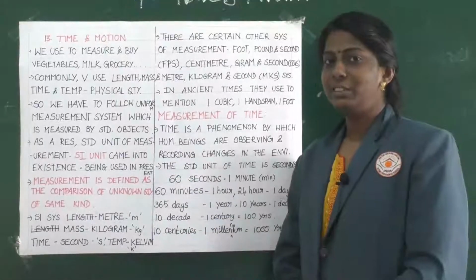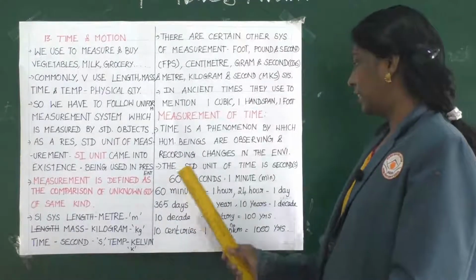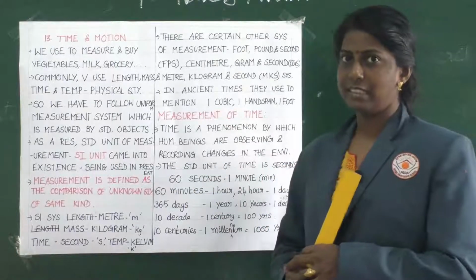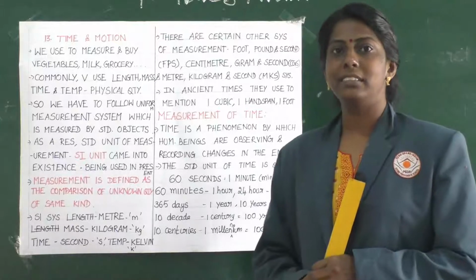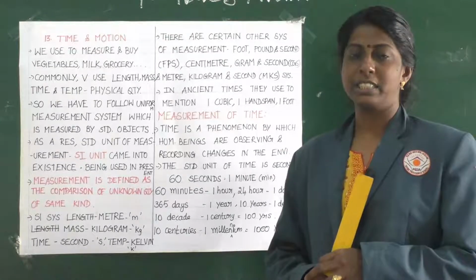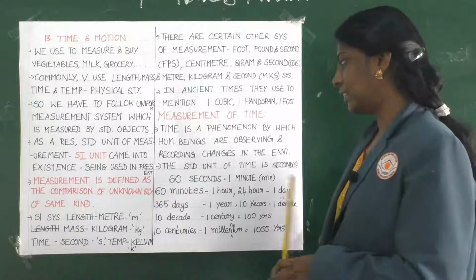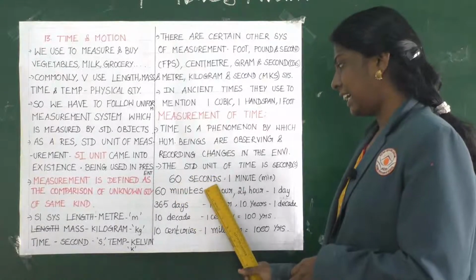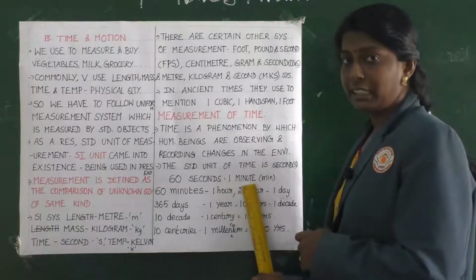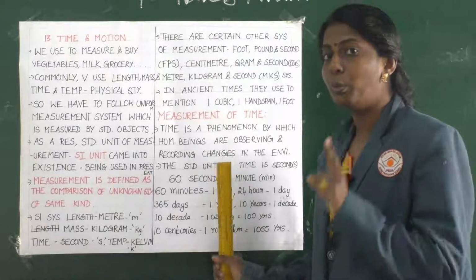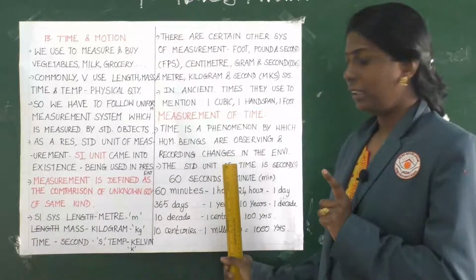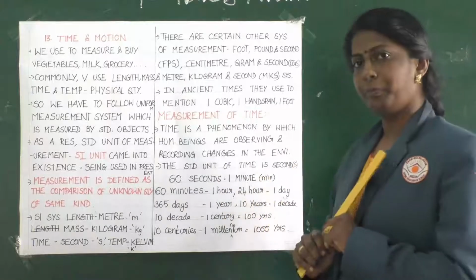Okay. The standard unit of time is second, which is denoted by the letter S. 60 seconds make a minute. That is, 60 seconds is equal to 1 minute, MIN in short.